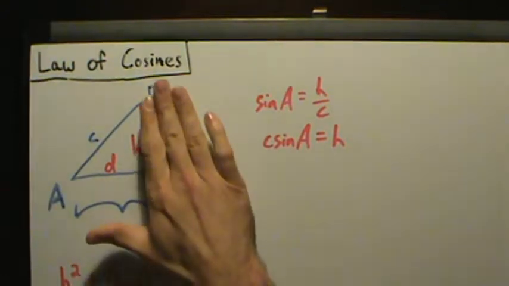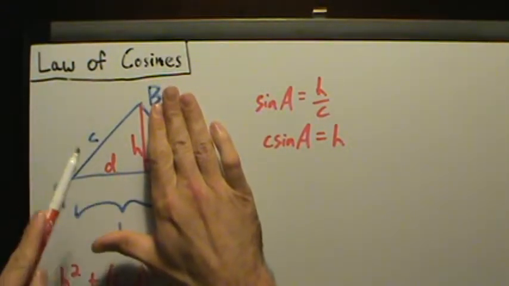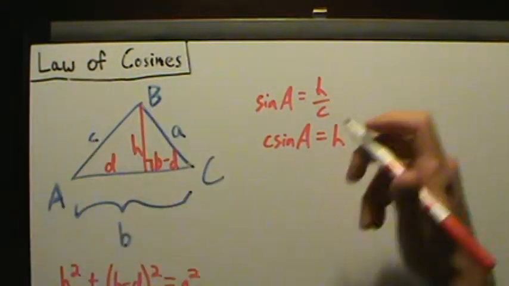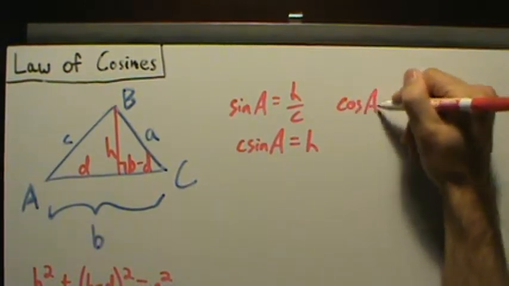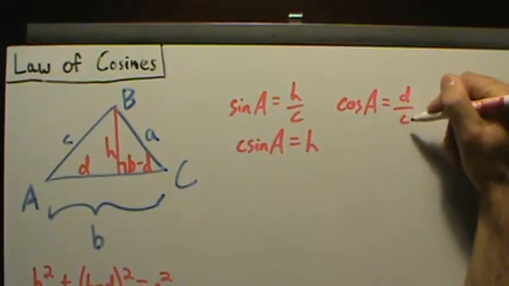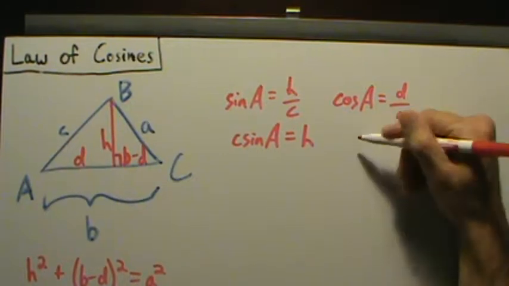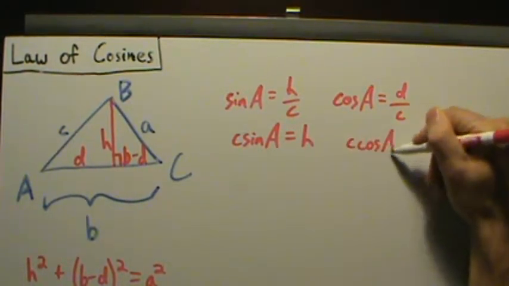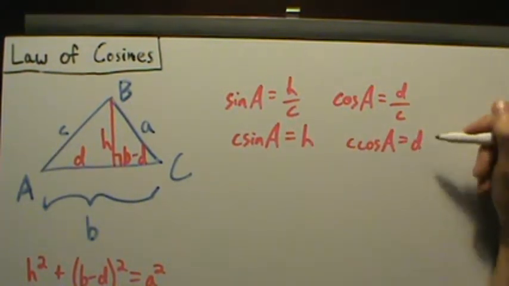Similarly, the cosine of angle A is the adjacent over the hypotenuse, so cosine of A is d over c. Multiply both sides by little c, and we get c cosine A equals d.